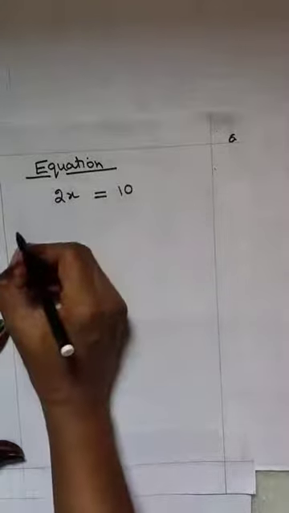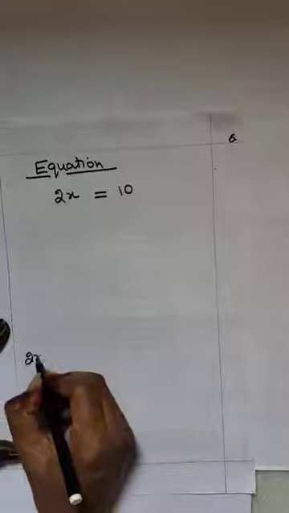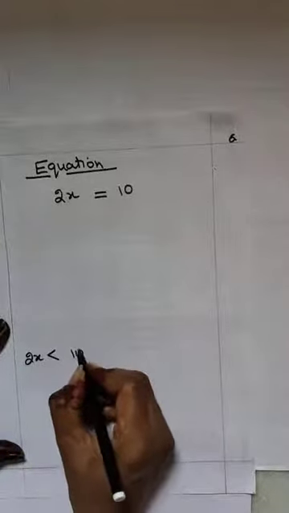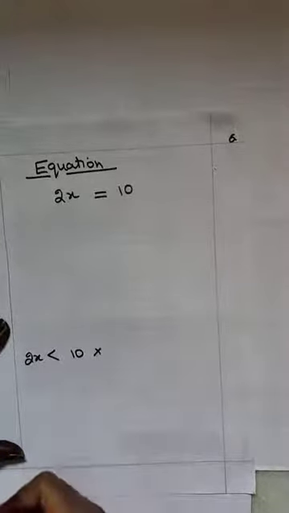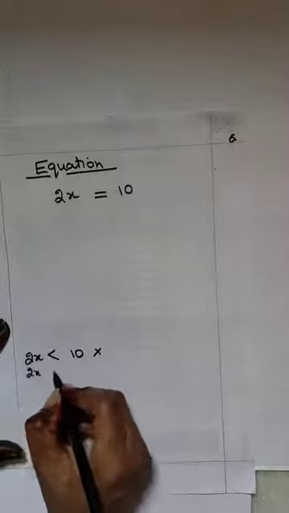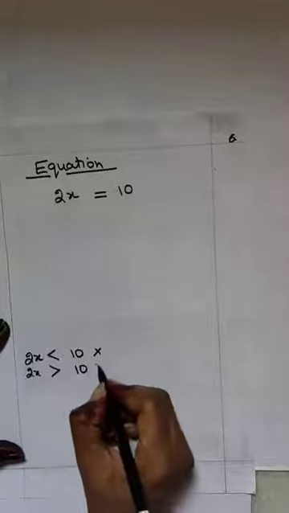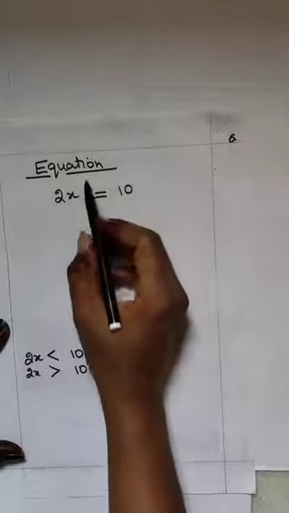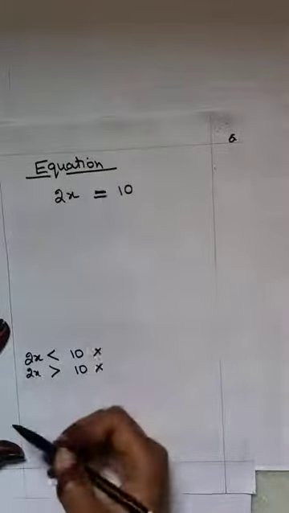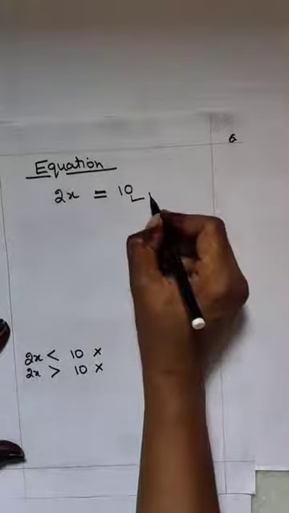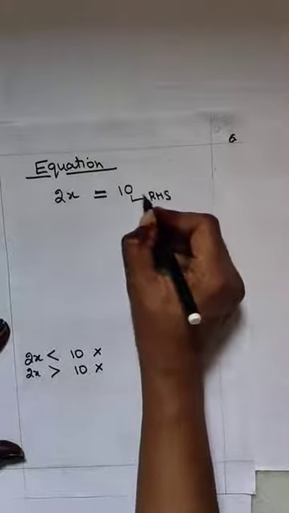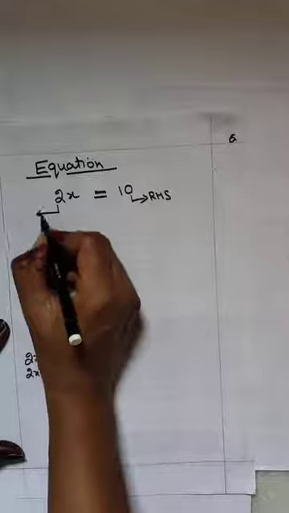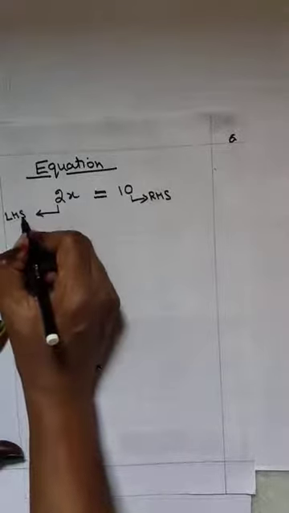If it is 2x is less than 10, this is not an example of an equation. If it is 2x is greater than 10, this is also not an example of an equation. For an equation, there must be an equal sign between the RHS, right hand side, and the left hand side.